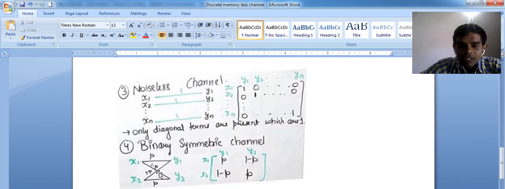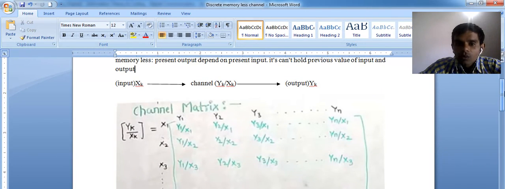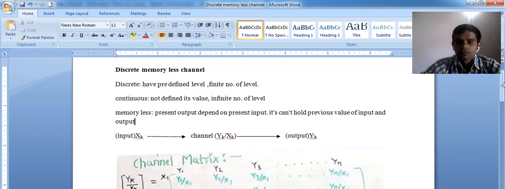Y2 and x1 is 1 minus p, x2 and y1 is 1 minus p, and x2 and y2 is p. So its value can change and it totally depends on probability. So with the help of the channel matrix we can calculate the matrix values.